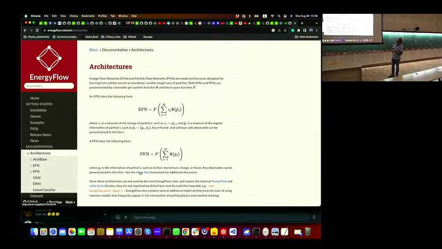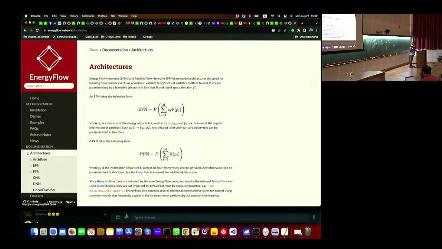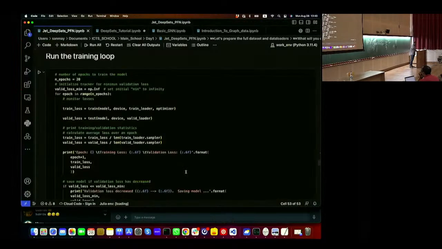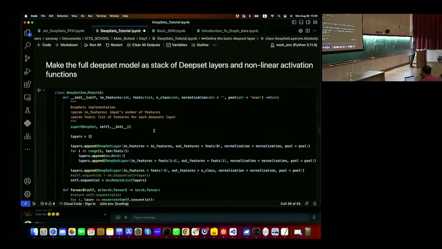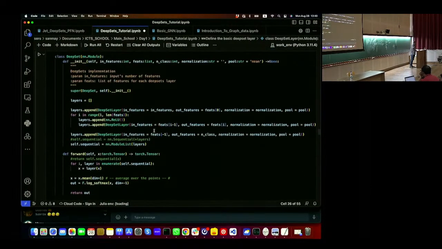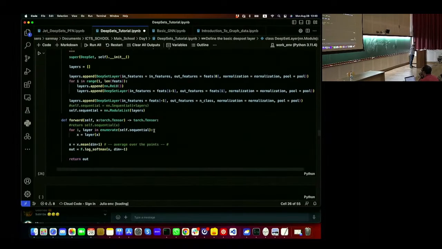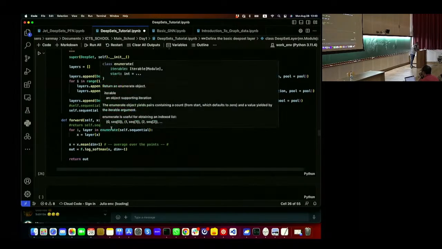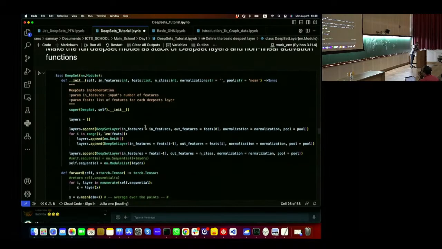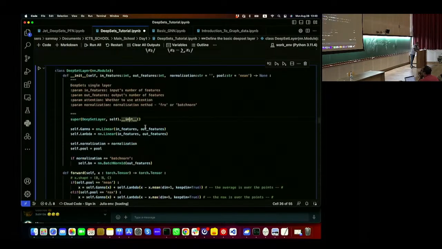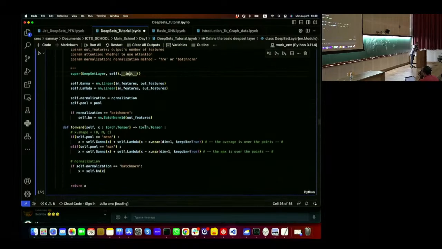And let's say you want to regress the energy flow network to predict the soft drop mass. So putting these two side by side, you had a representation of a deep set, right? And in this language, you had two layers. One has a capital gamma and one is the capital lambda.